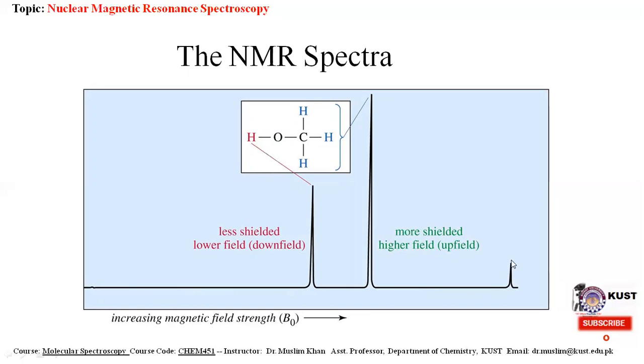As I told you, we add one standard to the sample, and this side, which is near the most shielded protons of the standard we have added, is known as the upfield or high field.